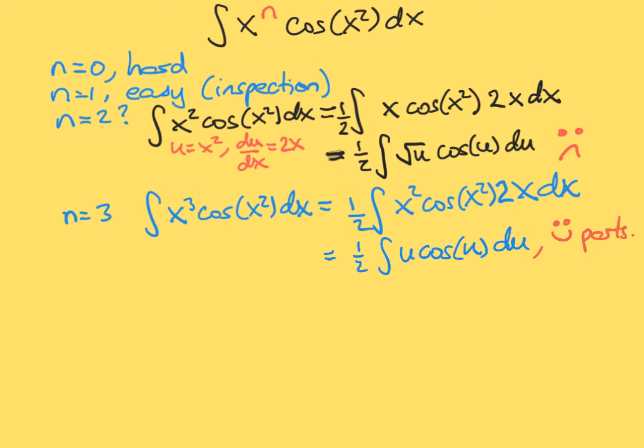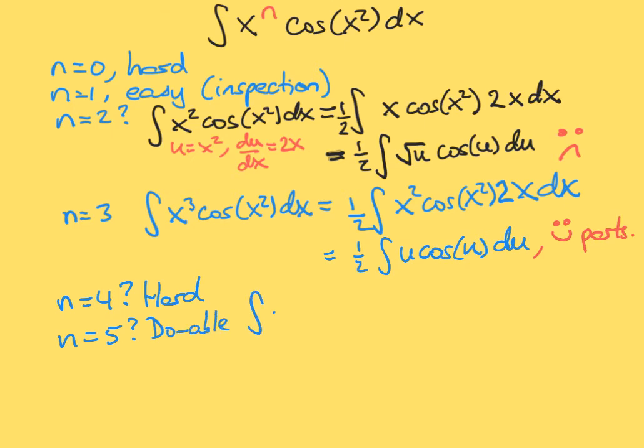If we continue this, n equals 4 is going to be hard. N equals 5 is going to be doable.